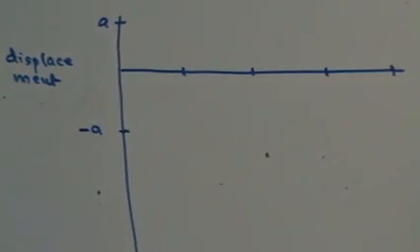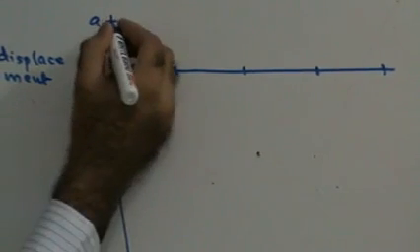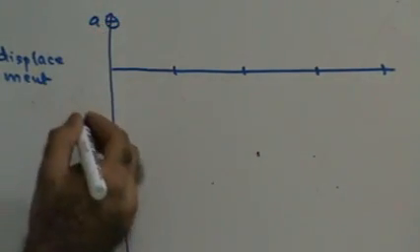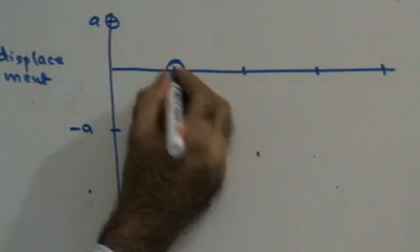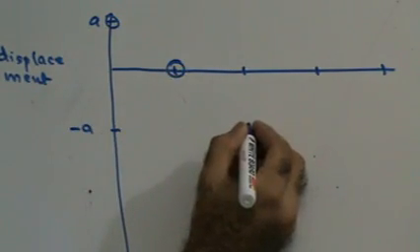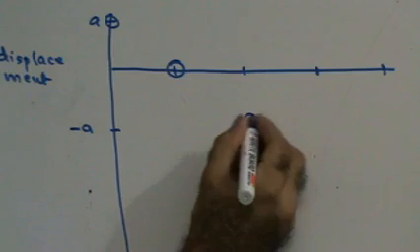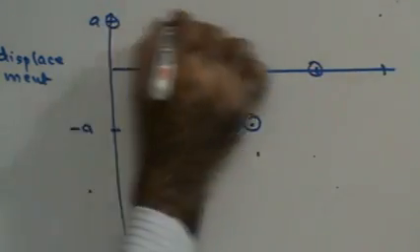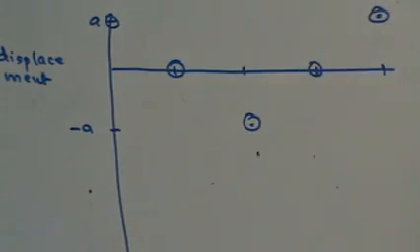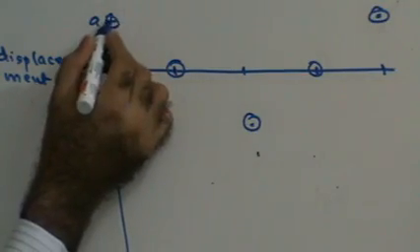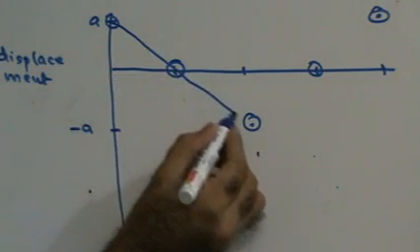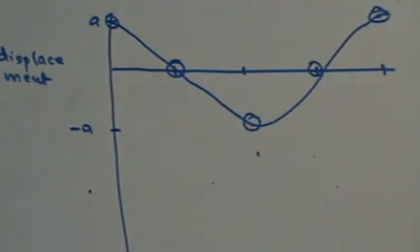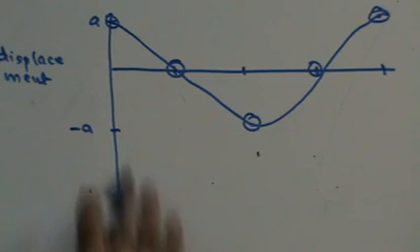Okay, now let's see this. 0 is A for displacement. 90 is 0. 180 is minus A. 270 is 0 and 360 is A again. Right? So the graph is going to be like this. This is going to be my displacement graph. Right? So the displacement graph is going to be this way.